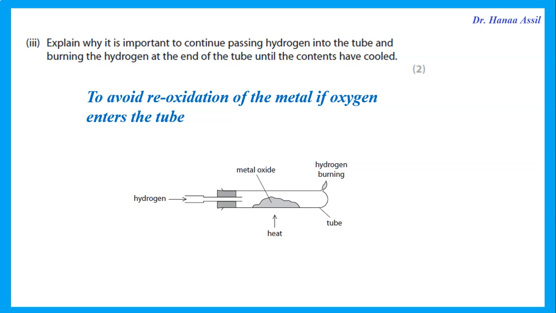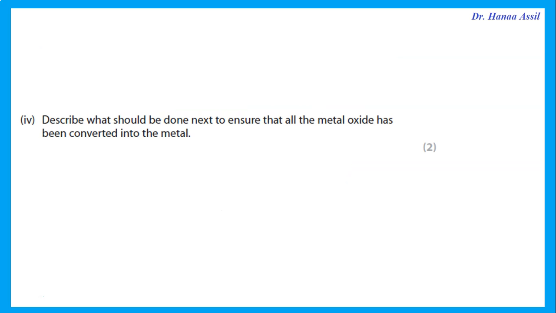So we keep passing hydrogen over it until everything cools down to avoid reoxidation of the metal if oxygen enters the tube. If I don't pass hydrogen in, then air with oxygen will go in, and that means the metal might be reoxidized again, and this is something we do not want.